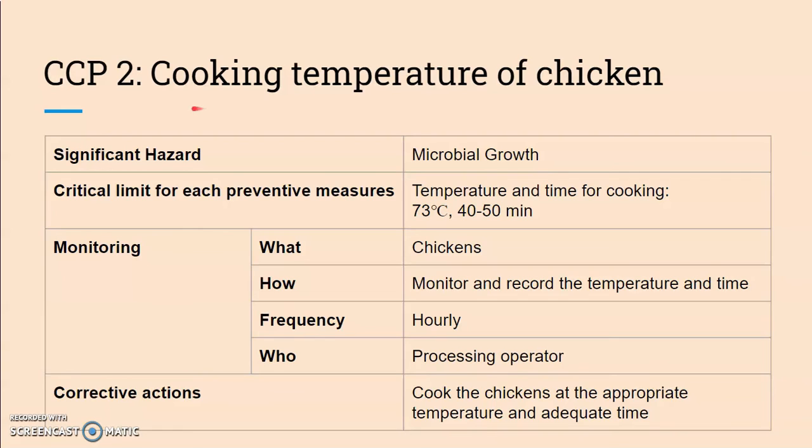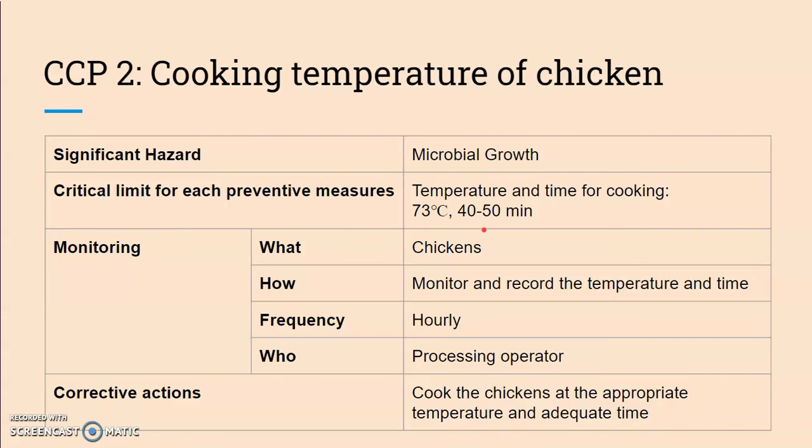The second one is CCP2, cooking temperature of the chicken. The significant hazard is microbial growth. The critical limit for the preventive measure is the temperature and the time for cooking. For the chicken, the cooking time is about 40 to 50 minutes, at around 73 degrees Celsius.